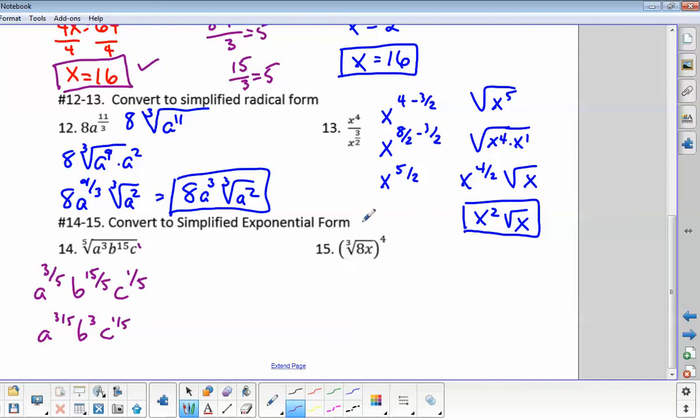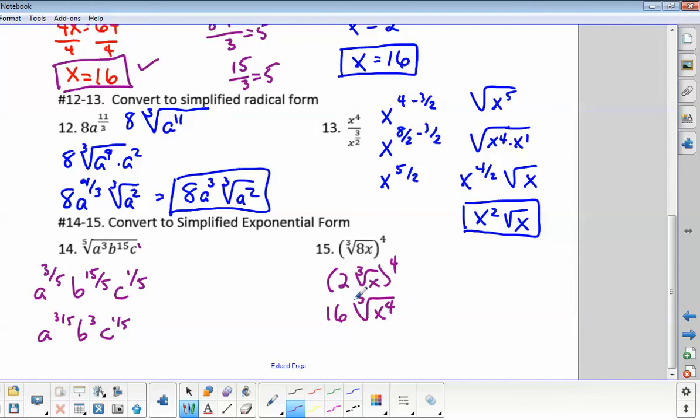Okay. For this one, let's start by simplifying, because cube root of 8 is 2, so I can take that 2 out of the whole thing. So I have 2 cube root of x to the 4th. Now 2 to the 4th, 2 times 2 times 2 times 2 is 16. And I have cube root x to the 4th.